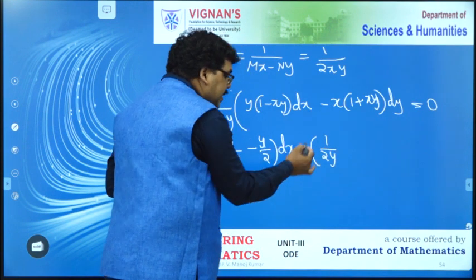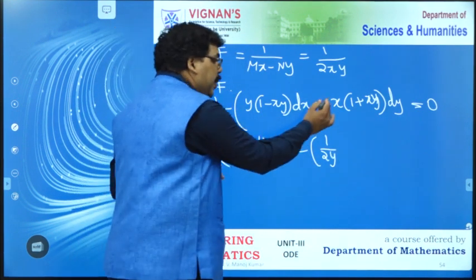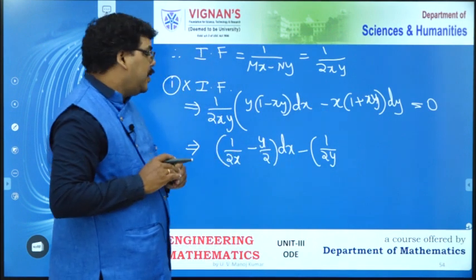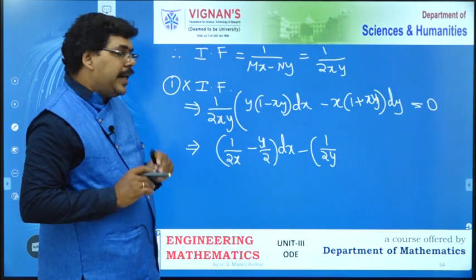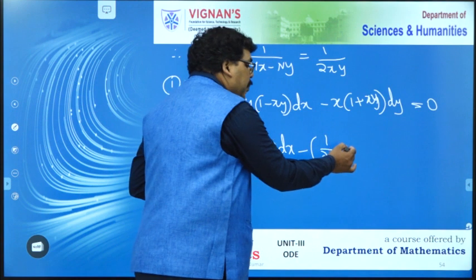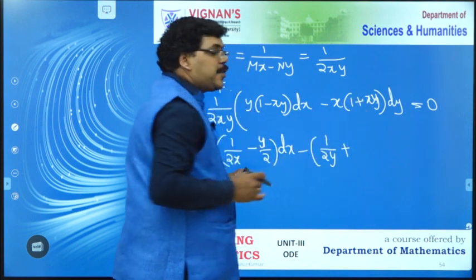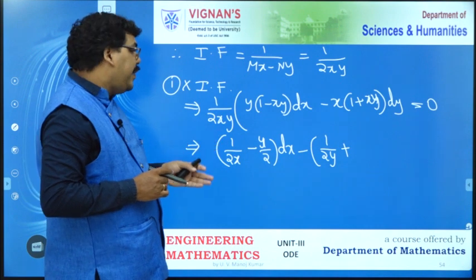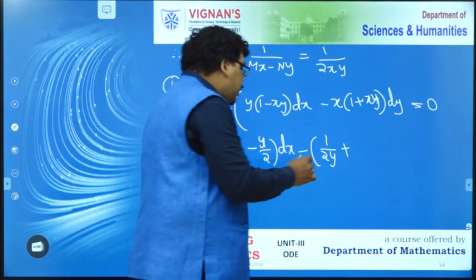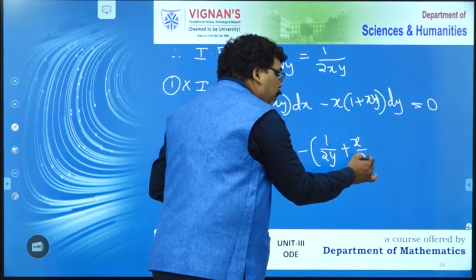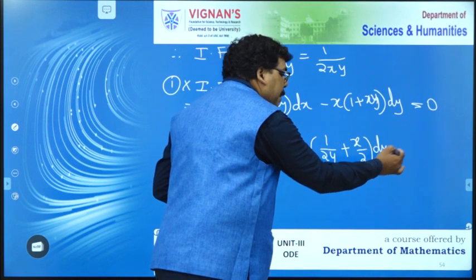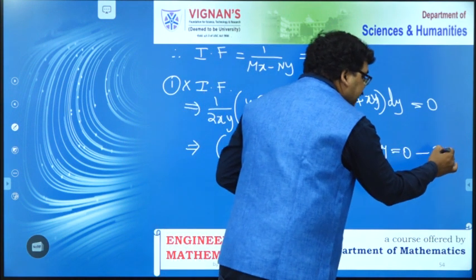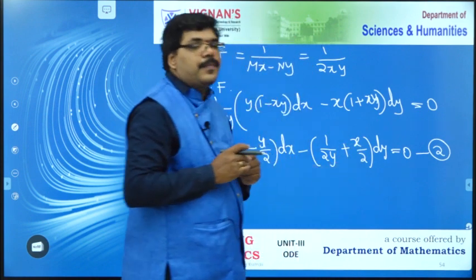I am writing this minus as it is. If you multiply this x inside, x cancels, 1 by 2y plus x square y by 2xy, y cancels, what remains is x by 2. This is my second differential equation.